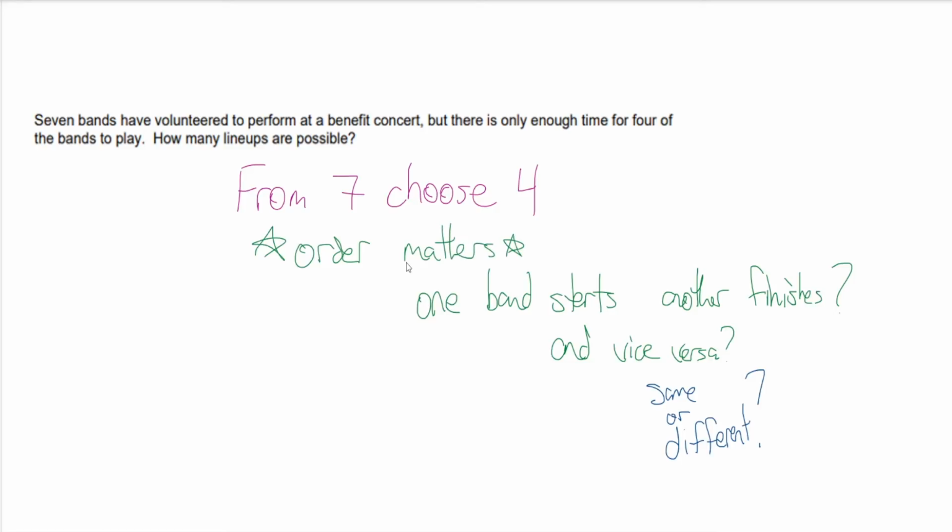So this is a permutation. 7 P 4. So 7 factorial over 7 minus 4 factorial is 7 times 6 times 5 times 4, which is what? 42 times 20, so 840, right?